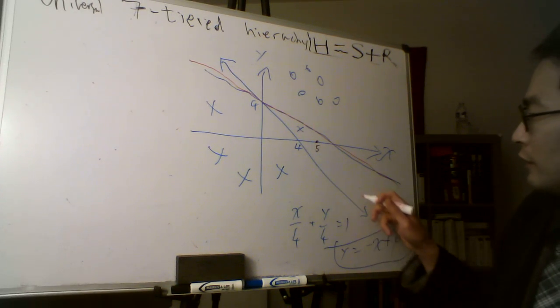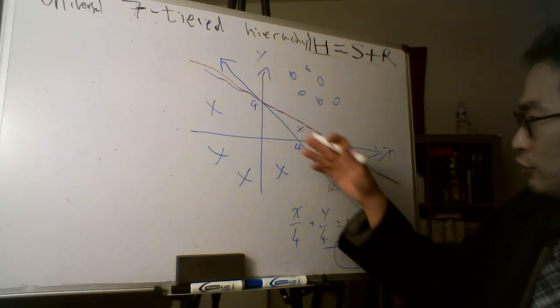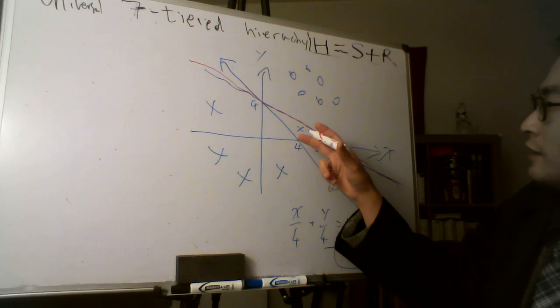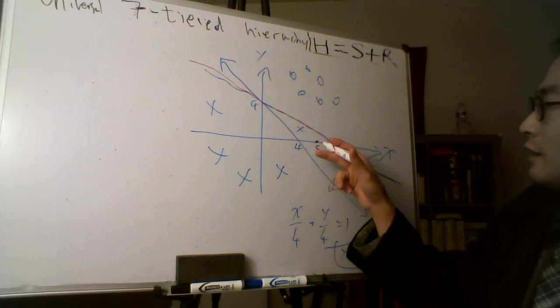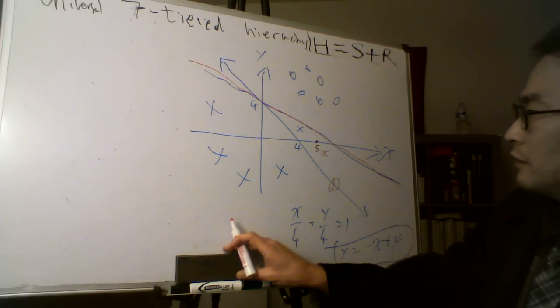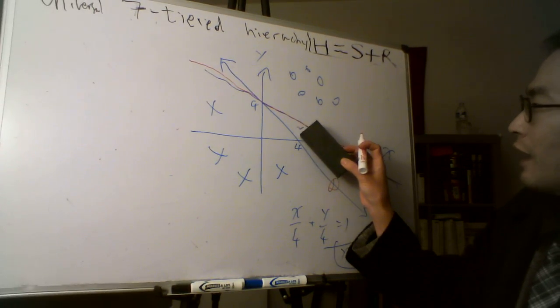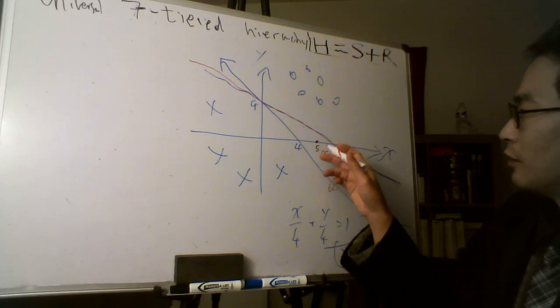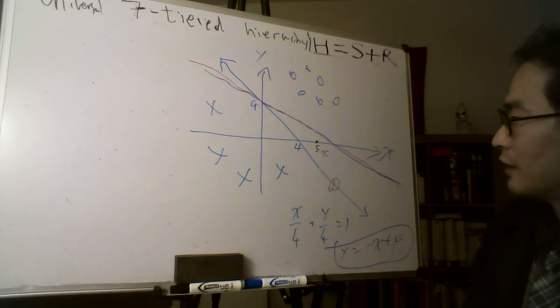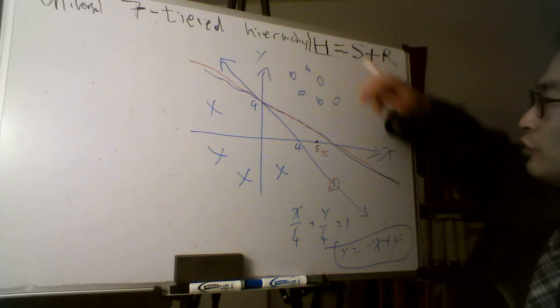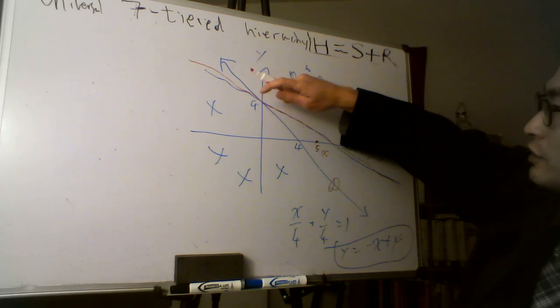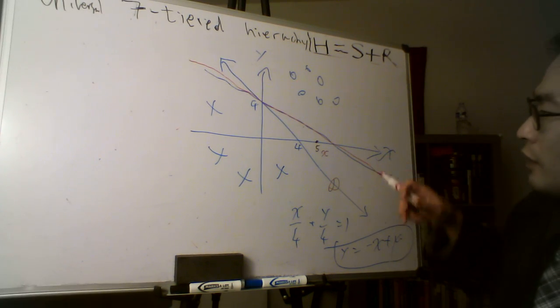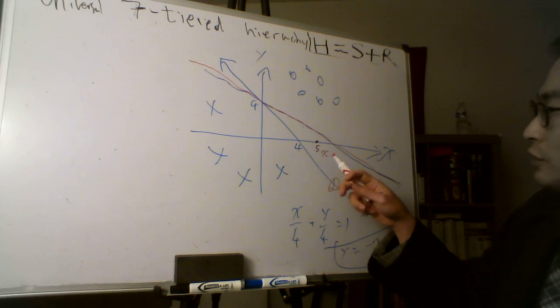The old line number 1 used to classify this x, bad guy x, as a good guy, but it turned out that this bad x, 5 comma 0, is a bad guy. So we want to readjust our line so that we exclude this bad guy.